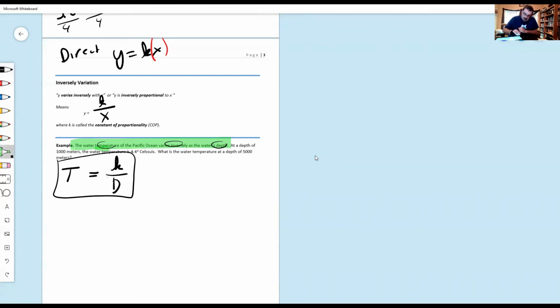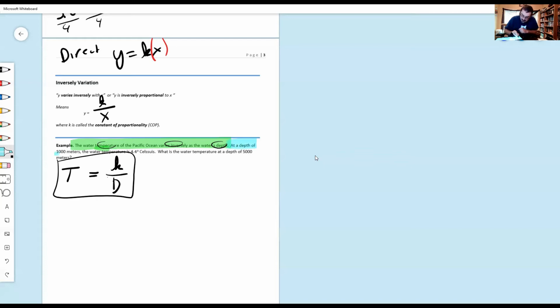Now, trying to find K, I have three variables, K, T, and D. To find K, I need a T and a D that go together. So at a depth of 1,000 meters, the water temperature is 4.4 Celsius.